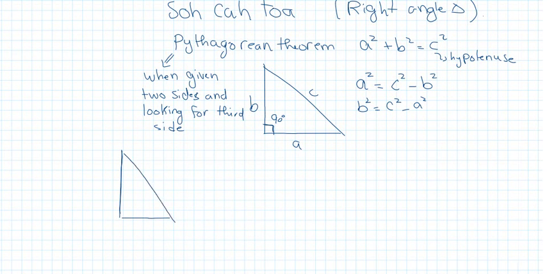So let's say this is your angle of interest here. How can you label your triangle? Which side is your opposite, which side is your adjacent, which side is your hypotenuse?